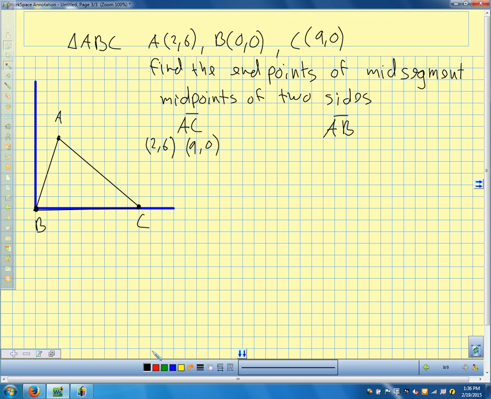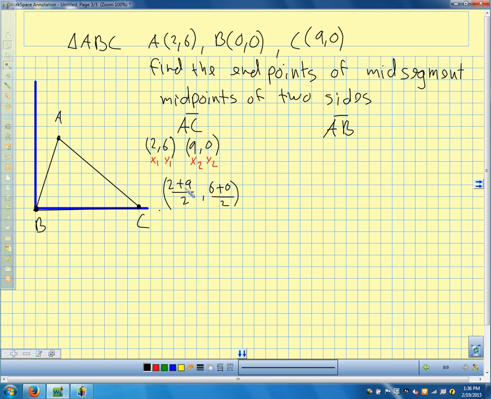So I'm going to use the midpoint formula, label my points x1, y1, x2, y2, and plug these numbers into our midpoint formula. x1 plus x2, so that's 2 plus 9 divided by 2, comma 6 plus 0 divided by 2.